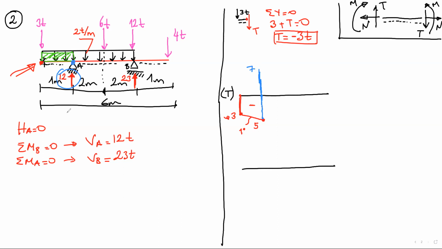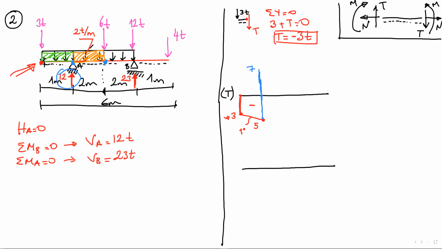Now I'm here. From here to here, till the point load portion, we have a uniform distributed load. So this goes down, that's why we are going to reduce it.